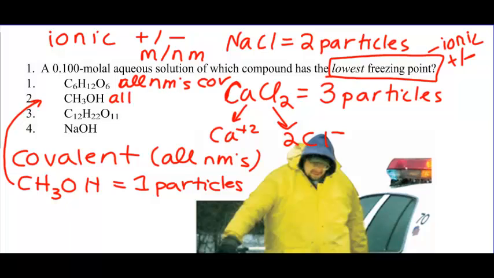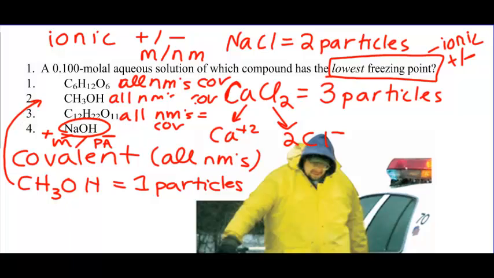Choice 2 is all nonmetals, so it's covalent. Choice 3 is all nonmetals, so it's covalent. Choice 4 is your metal, that's positive, bonded to your negative, polyatomic.